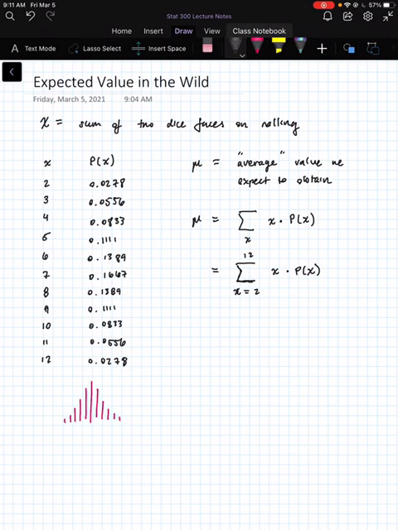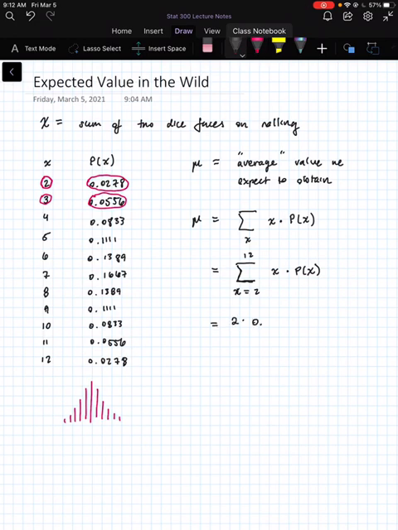So we will have between 2 through 12 terms. So if you count those up, there should be 11 terms. And when we do that, we're going to take, in each row, take 2 and multiply that by its corresponding probability, add that to 3 times its corresponding probability, and so on.